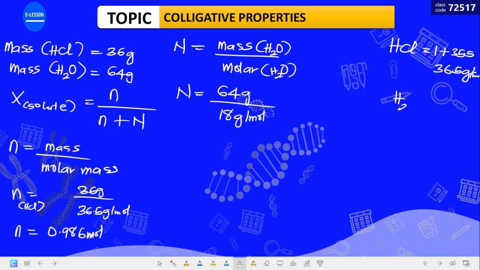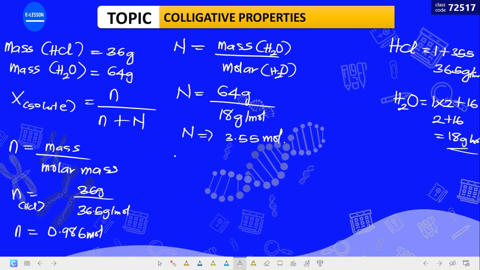Because H2O is a combination of two hydrogen plus one oxygen atom, which becomes 1 times 2 is 2 plus 16, and this will give us 18 gram per mole. So our N in this case, 64 divided by 18, what will it give to you? This will give us 3.55 mole.